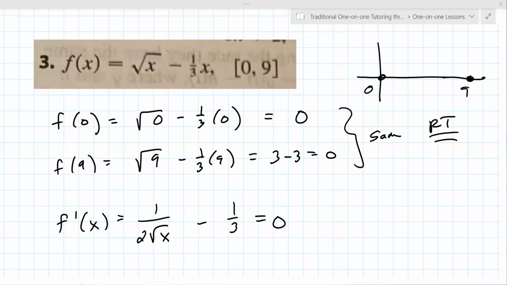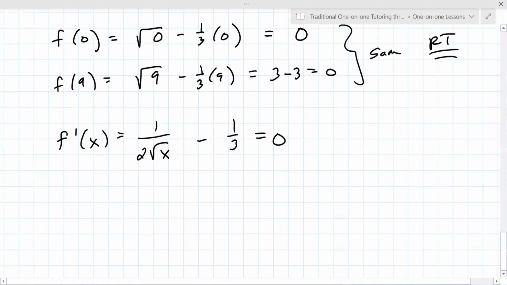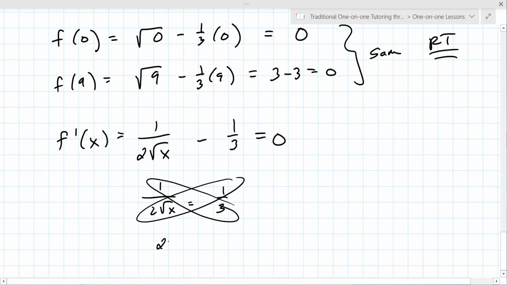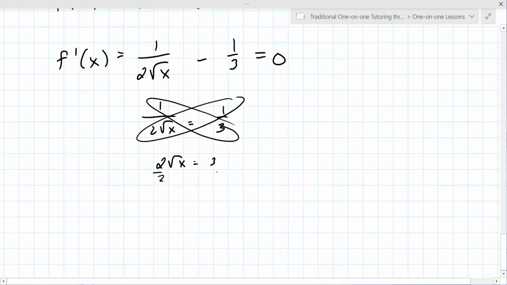And this is where you've got to be really solid with your algebra. So you get 1/2 square root x equals 1/3. Again, you can butterfly here, cross multiply: 2 square root x equals 3. Divide both sides by 2, and then square both sides. So x equals 9/4. And is that from 0 to 9? Yes.